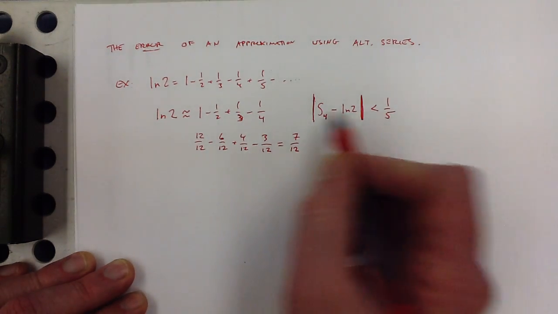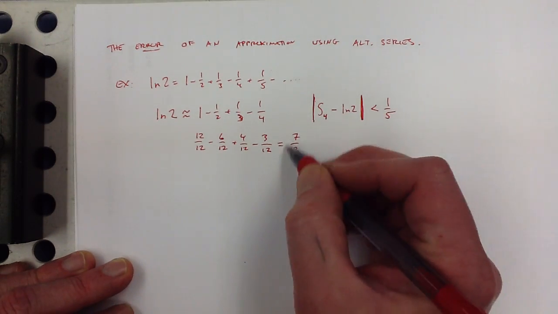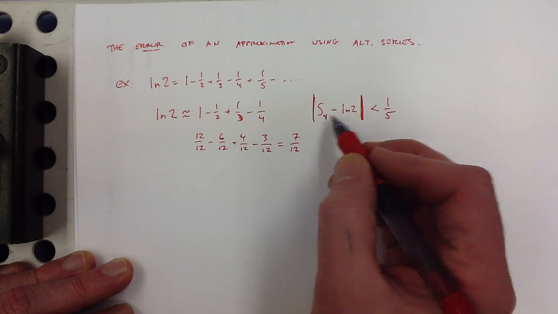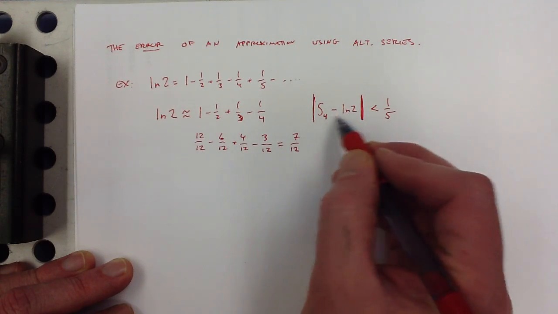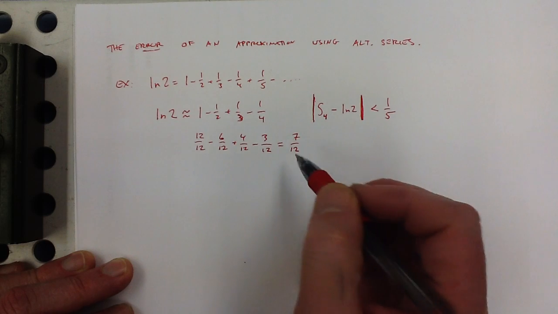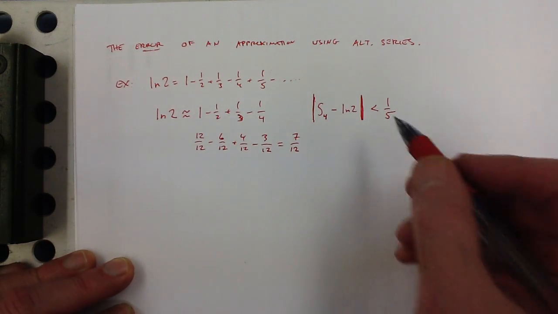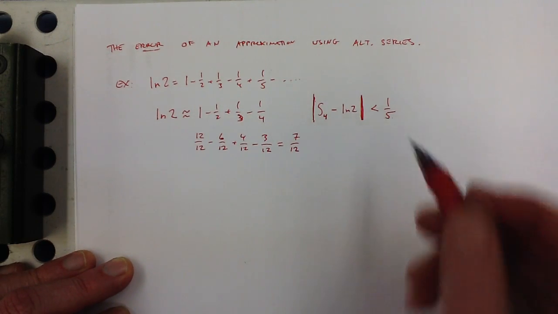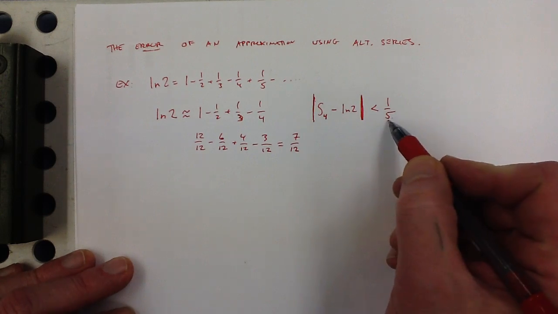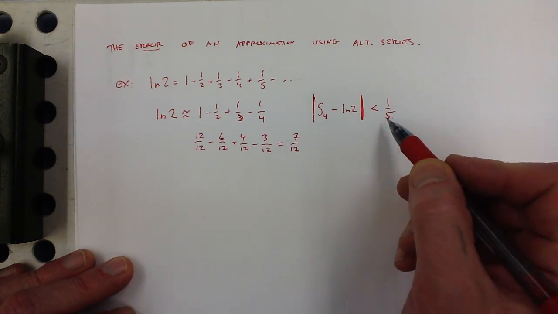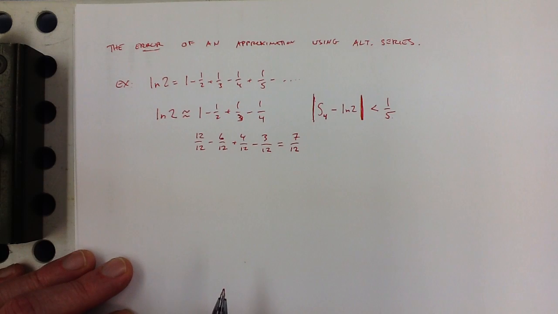And according to this idea, this number right here, 7 twelfths, should be within 1/5 of the natural log of 2. And I'll leave that for you to check in your calculator. That's 0.2, right? So we should be within 0.2. That's pretty sloppy error, though, 0.2. That's not even 1 decimal place of accuracy.